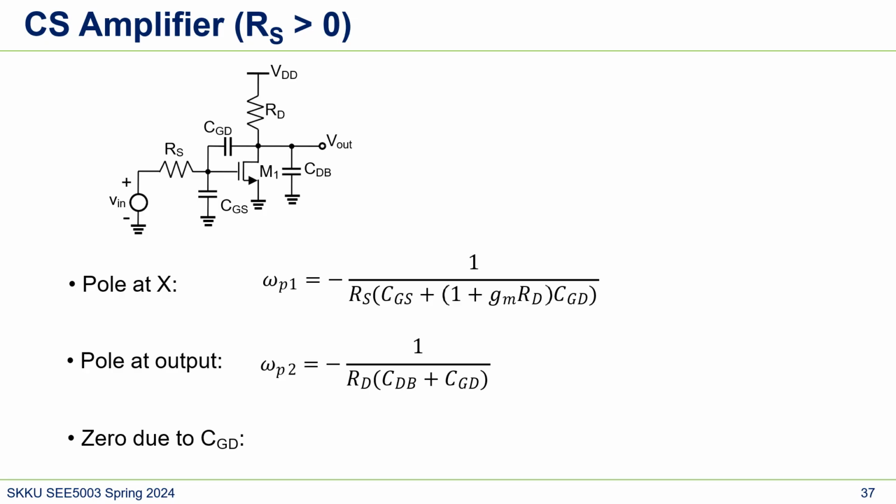Let's say they're all poles and zeros. There's two poles. We calculated one in the previous slide, because this is Miller theorem, Miller effect. Our CGD is amplified, and then we have another pole at the output here, which is RD, because there's a resistor, and CDB plus CGD.